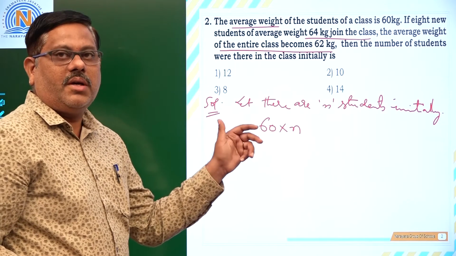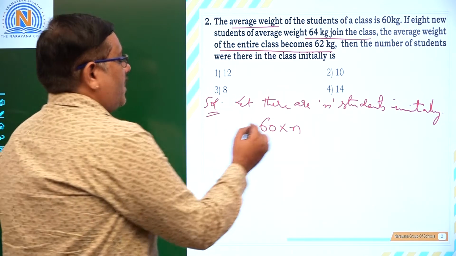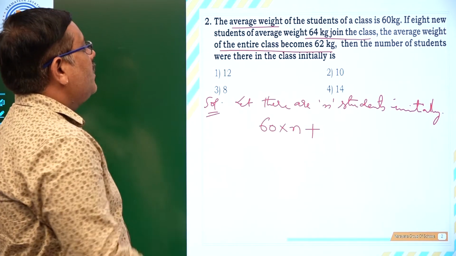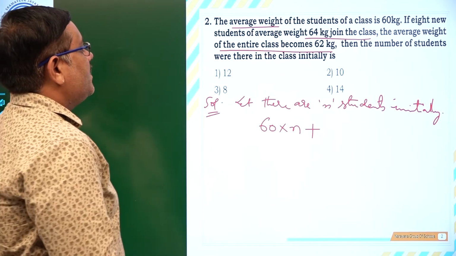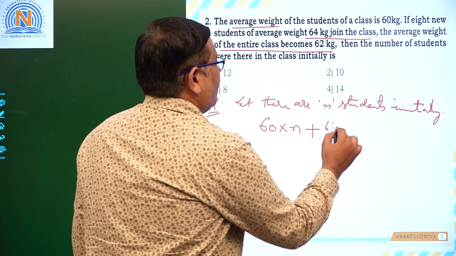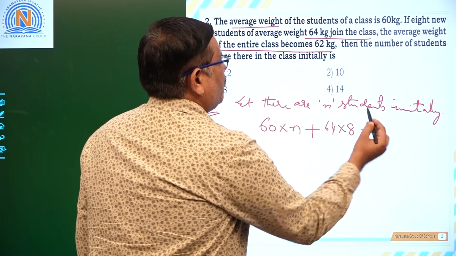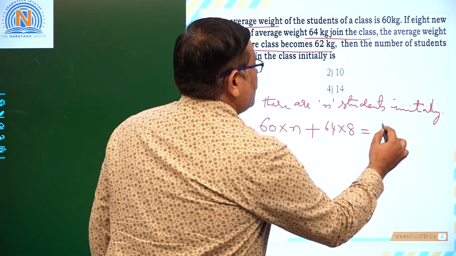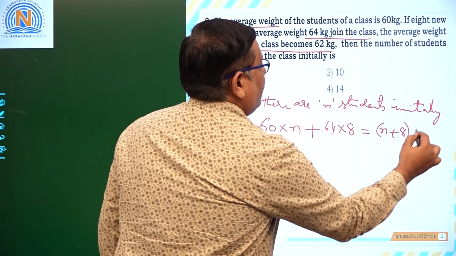Now what I am trying to consider total weight. 60 times of n, okay, plus if 8 students of average 64 means 64 into 8, that is going to be equal to the average weight of entire class has become 62. So n plus 8 times of 62.